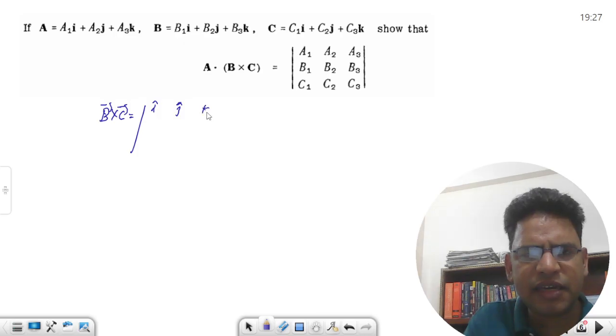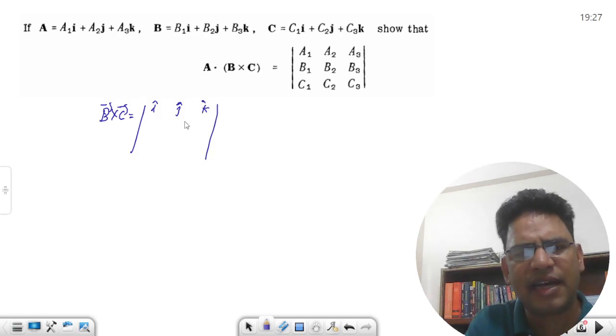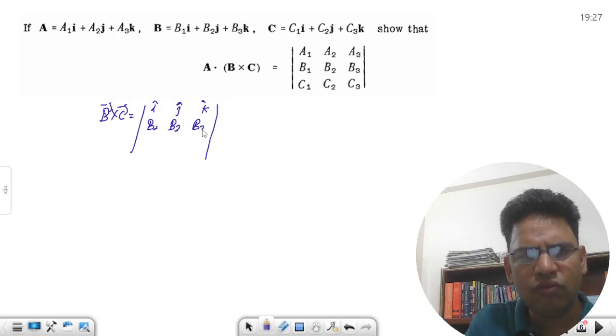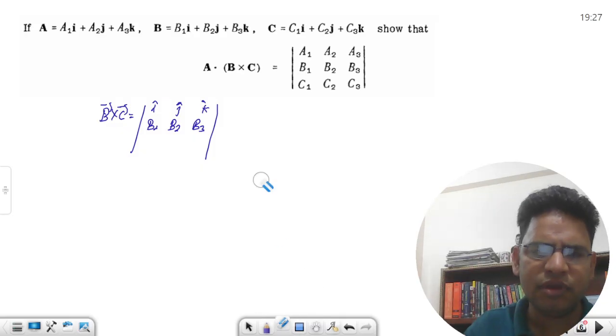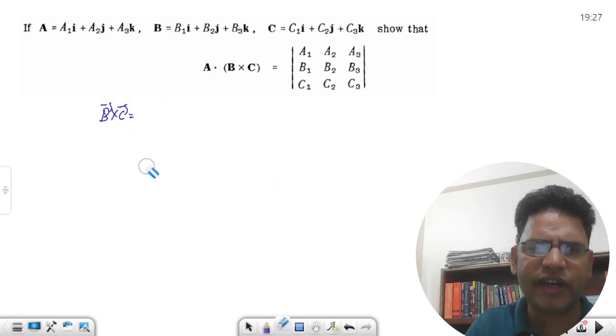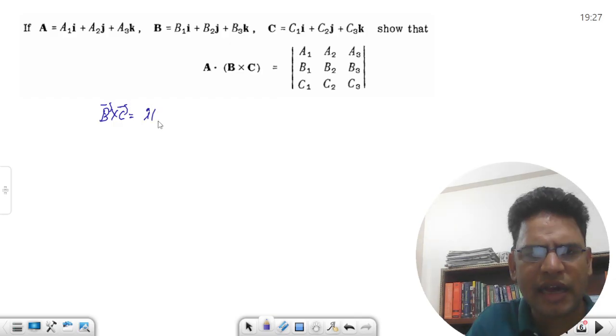If i, j, k are orthonormal vectors, then it is written as b1 b2 b3, right? If I want to write the b cross c vector, how do I write it? I cap: b2 c3 minus c2 b3.